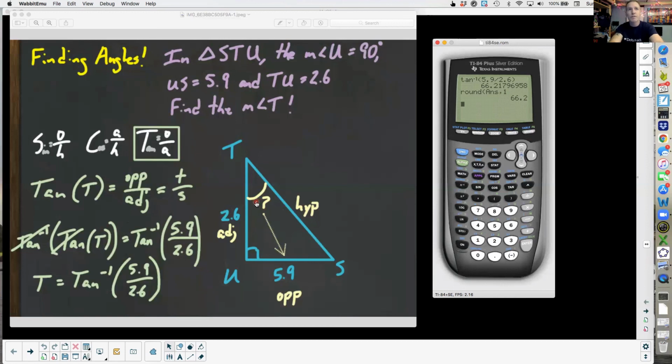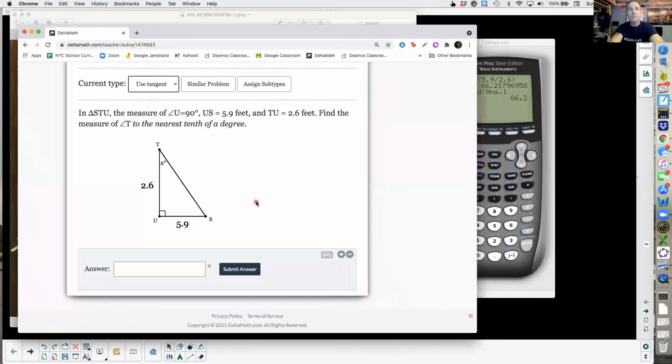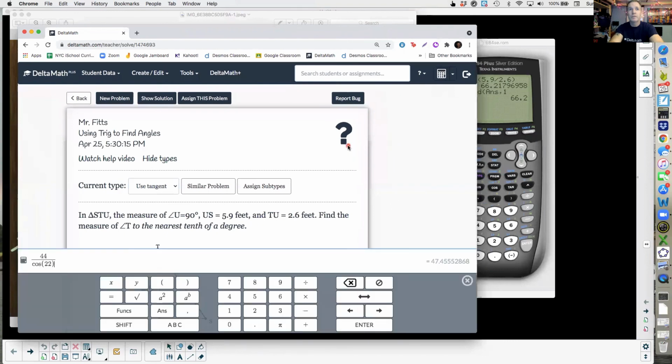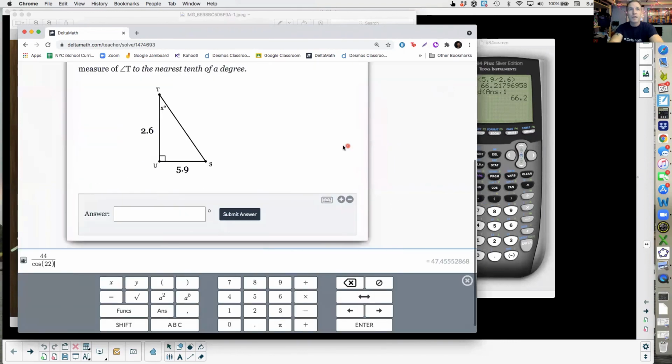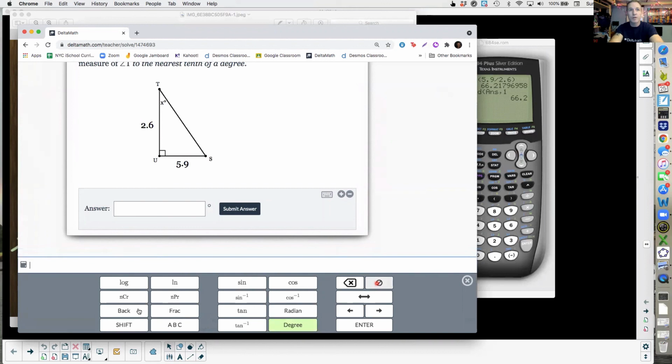So let me bring the Delta Math problem up. Here it is. Exact same question. I think it might be drawn a little differently. That's okay. So, calculator. And I want funcs. Oh, here, I want to clear that out because I don't want the previous problem in there.